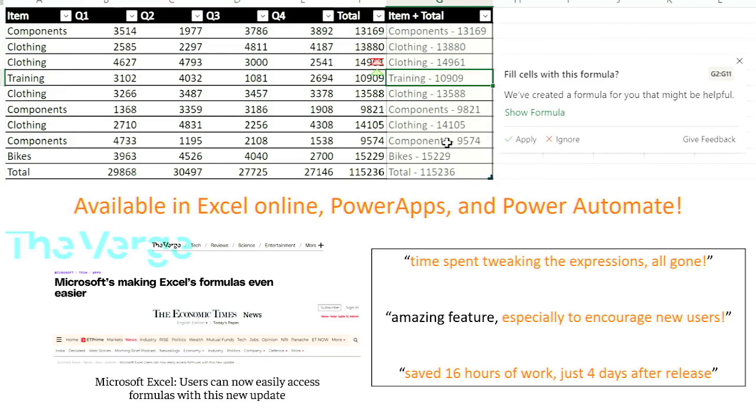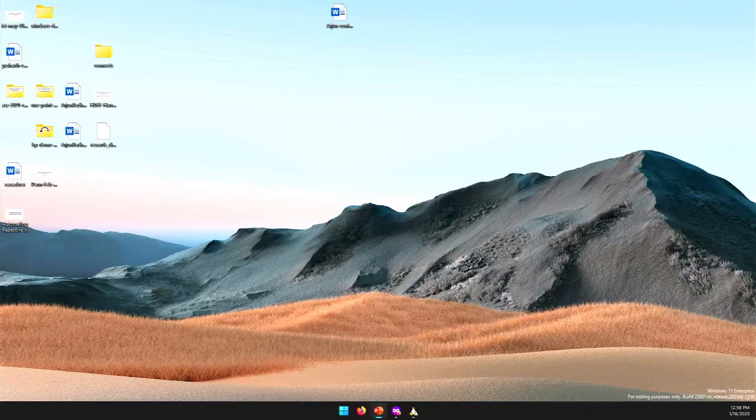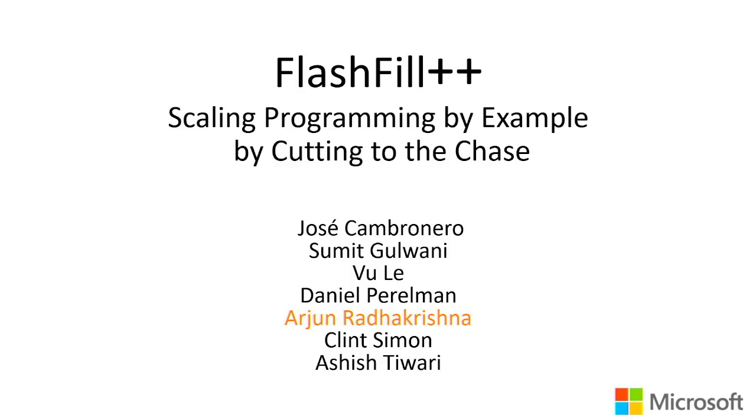Great talk. How many more hours are the DSL experts spending on FlashFill++ with these cut functions? So this is a very interesting thing. One of the authors, Clint Simon, who did most of the work on the DSL authoring, is an engineer.